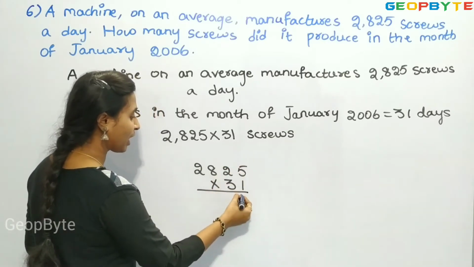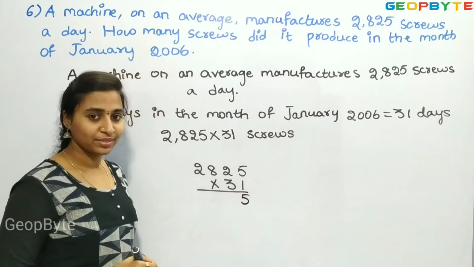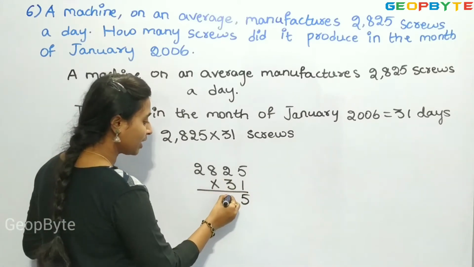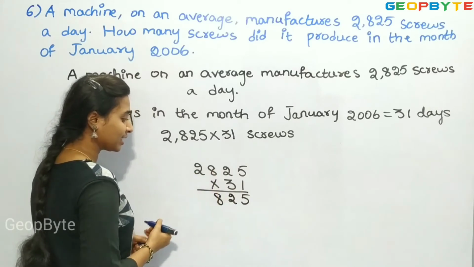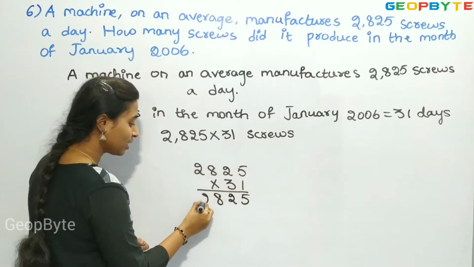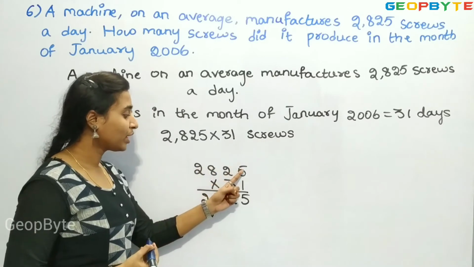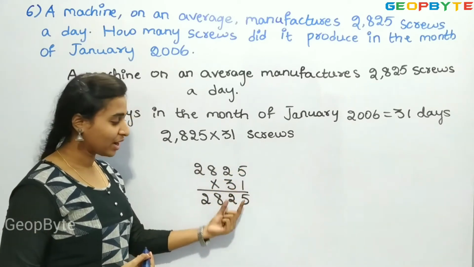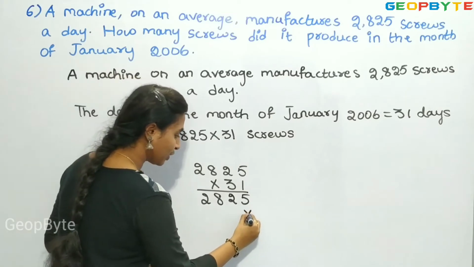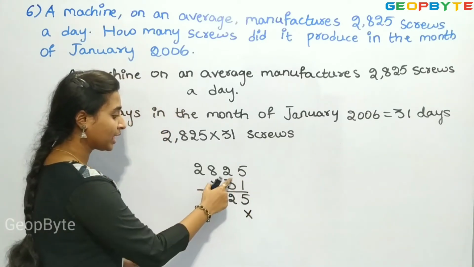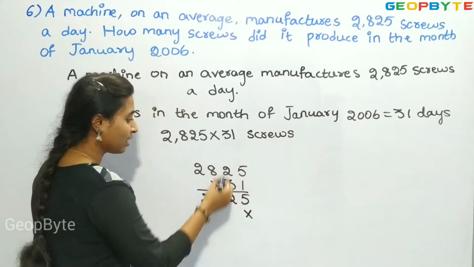Now 1 5 is 5. 1 2 is 2. 1 8 is 8. 1 2 is 2. As the whole number is multiplied with 1, we got the same number. Now put a cross. Now 3 5s are 15.